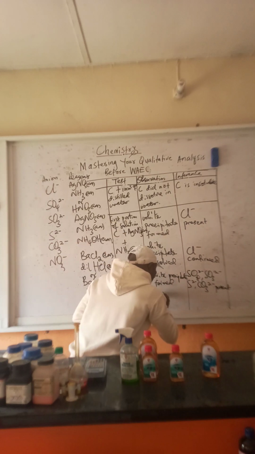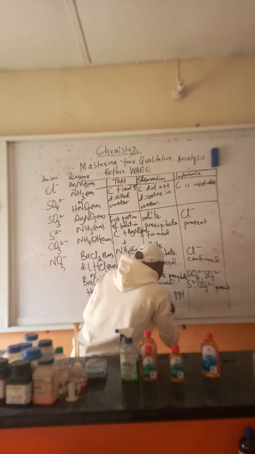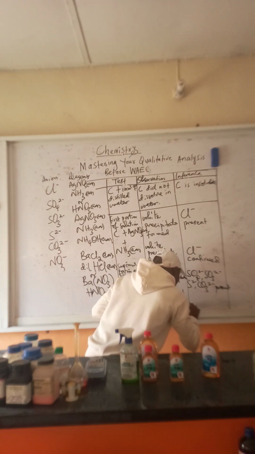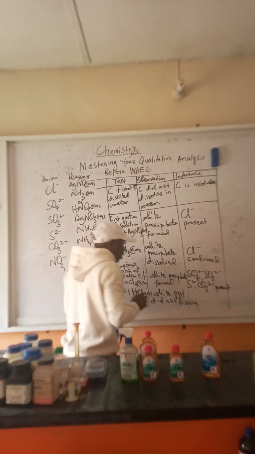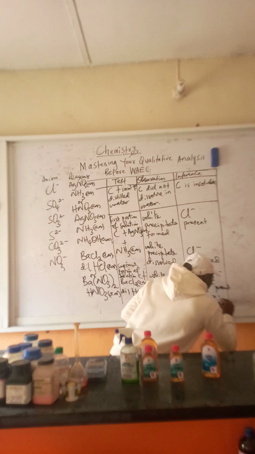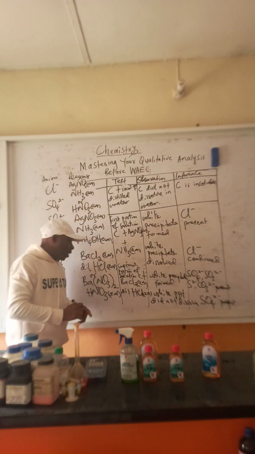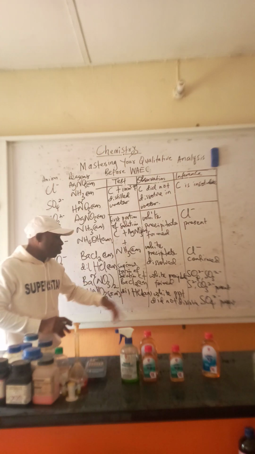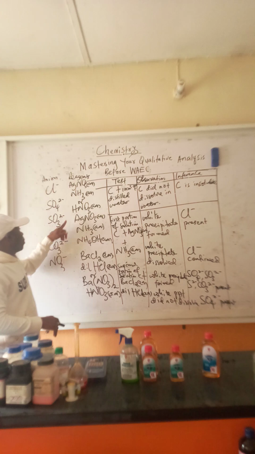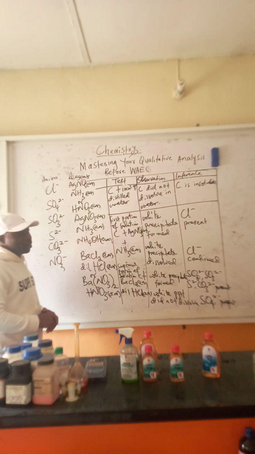If the white precipitate did not dissolve, you confirm that SO4 2 minus is present. But if the white precipitate dissolves in dilute hydrochloric acid, it then means that either SO3 2 minus, or S2 minus, or CO3 2 minus is present.